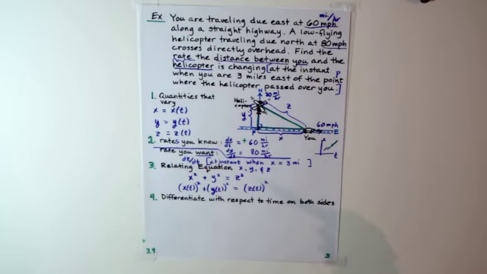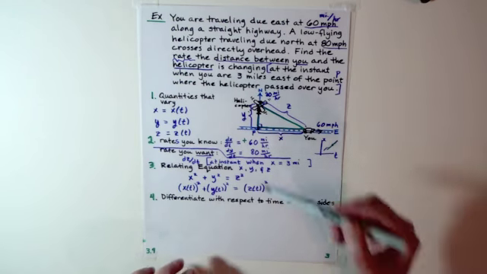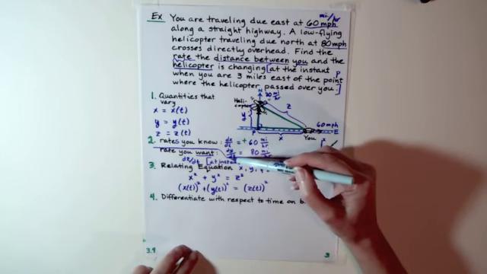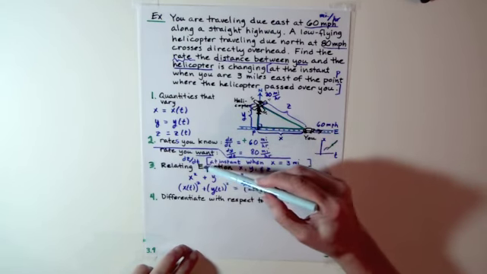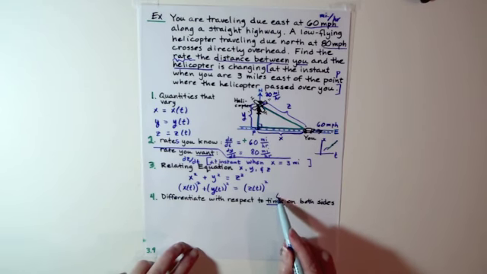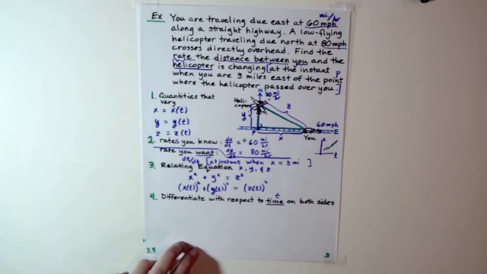And the only way to do that is to differentiate. And because we want dx dt, dy dt, and dz dt to appear in the final equation, we need to differentiate with respect to t, with respect to time on both sides.